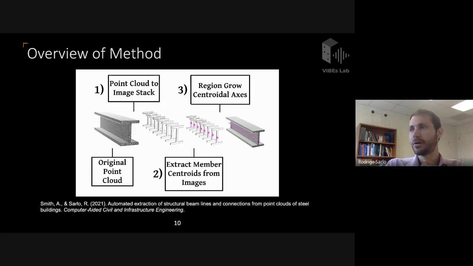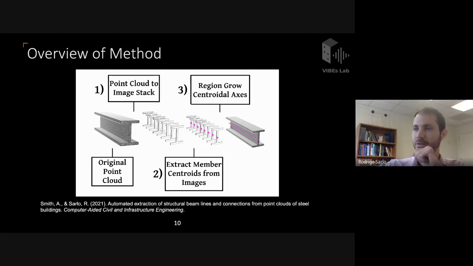So our approach essentially, in a nutshell, is we start with the original point cloud of the structure. We slice it into images. This allows us to use image processing techniques rather than point cloud processing techniques, which are much further developed. And then we use these techniques to extract centroids for structural cross sections of interest, and then we basically map back out the structure based on those centroids.